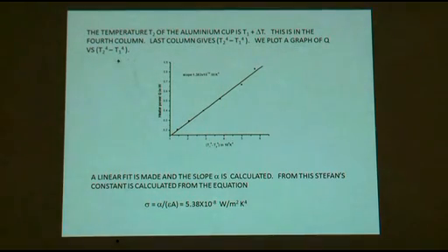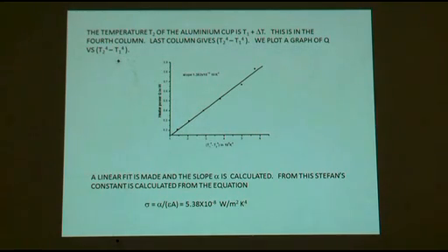Then the Stefan's constant sigma is the slope divided by the emissivity 0.95 multiplied by the surface area, which was a value about 2.5 10 power minus 2 meter square. So that gives you a value 5.38 10 power minus 8 watt per meter square Kelvin power 4.